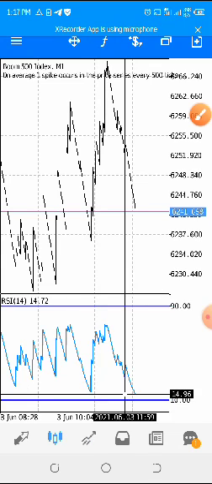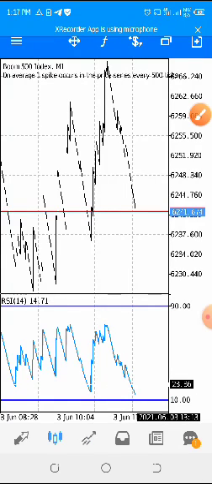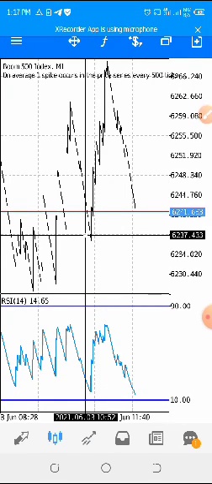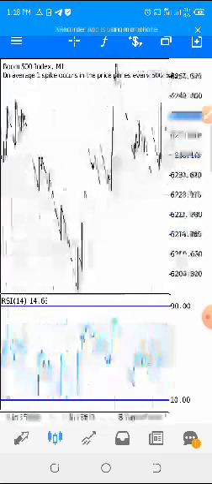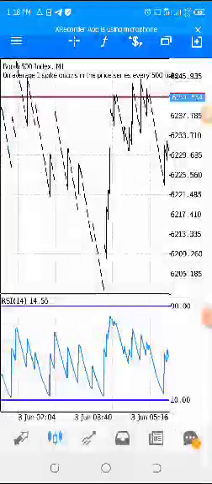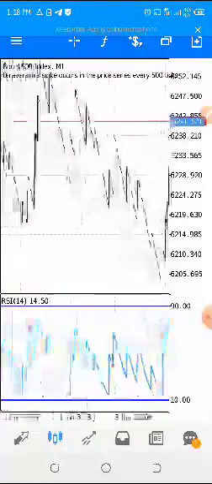So don't take this strategy for granted. Don't just watch the video again and again. You can backtest it. Anytime it comes close to 10, it will spike. Are you seeing it?